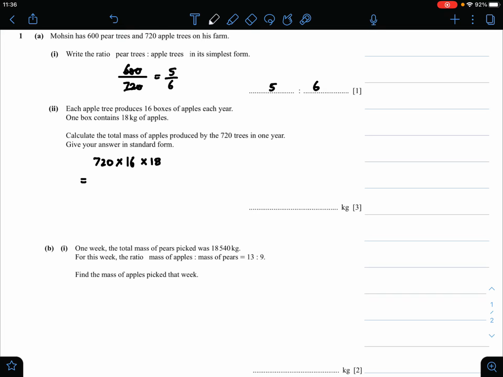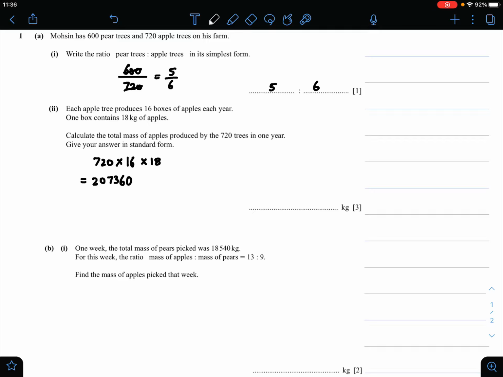So you would get your final answer as 207,360, because 720 multiplied by 16 multiplied by 18 is equal to 207,360. Now you could give your final answer as this, but they are asking you to give your final answer in standard form.